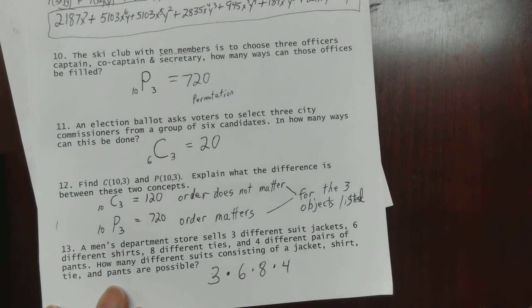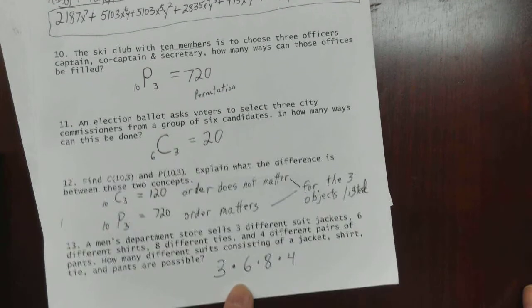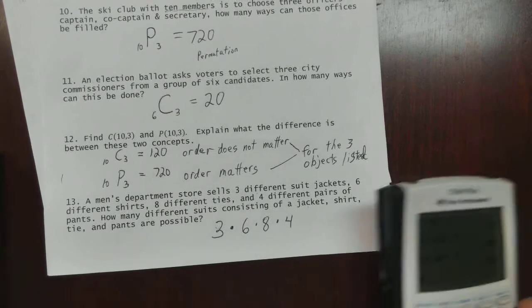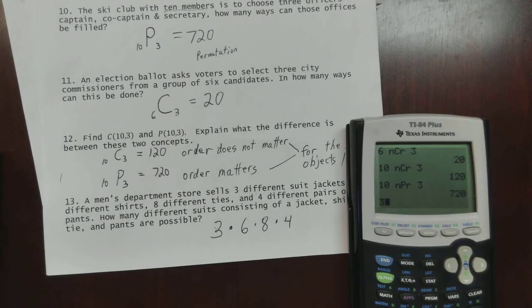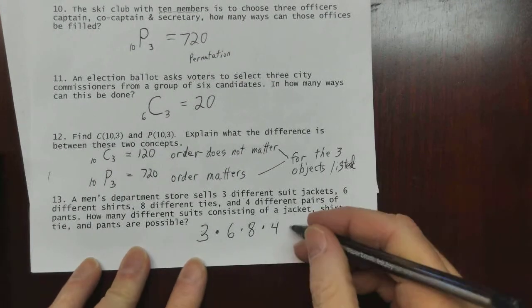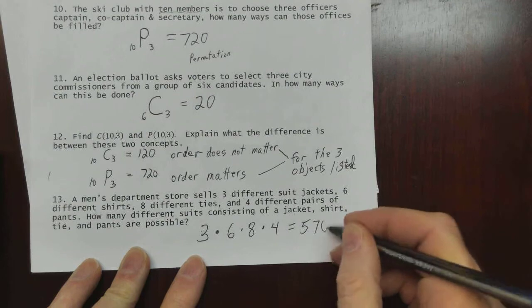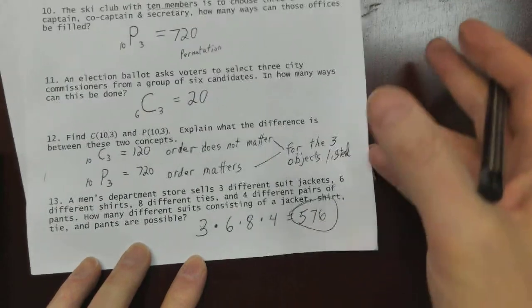And you just multiply your choices together. So this is the fundamental counting principle. 3 times 6 times 8 times 4 gives me 576 different suits. Now there might be some real subtle differences between some of those suits.